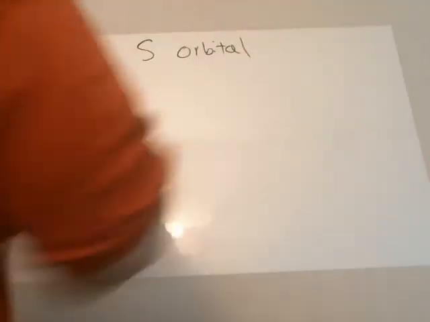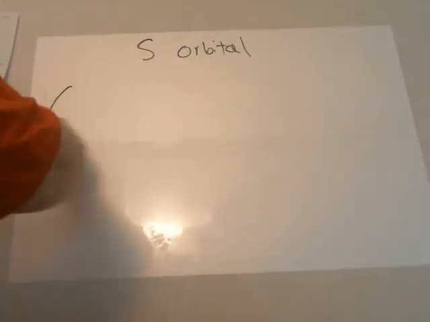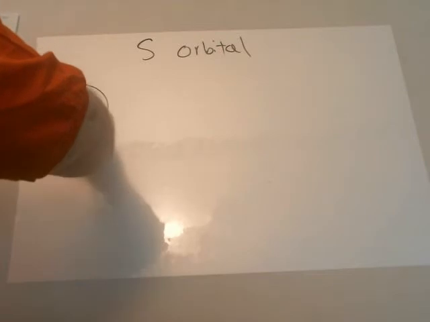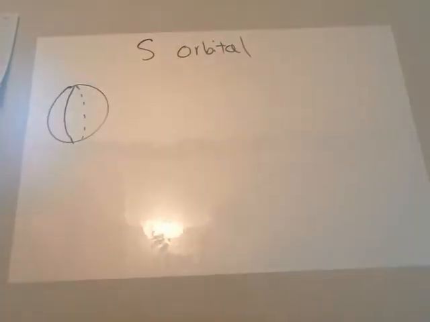So the simplest orbital that we have, the first orbital, is the s orbital. And s orbitals look like spheres. s orbitals are the simplest because they are the smallest.